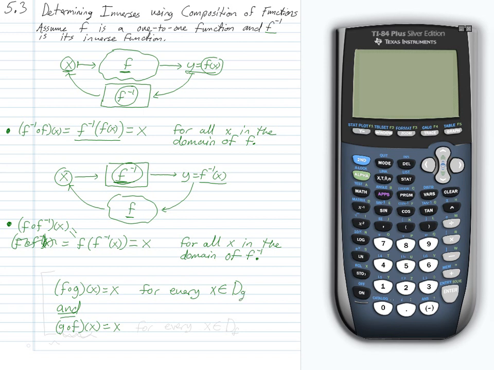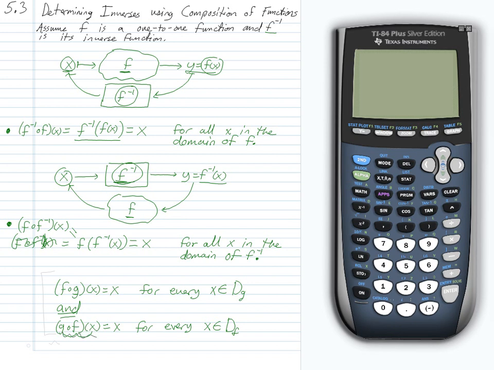So the domain of g here in the first case, the first function we plug stuff into, and for every x in the domain of f here in the second case, since we're plugging x into f and then the result into g.